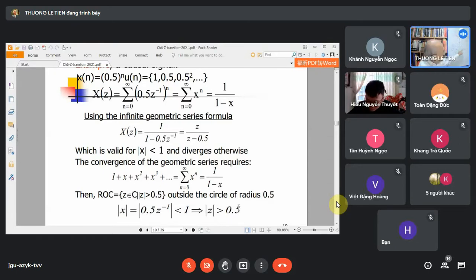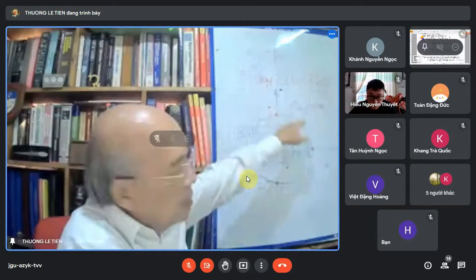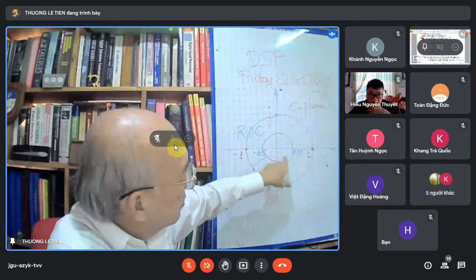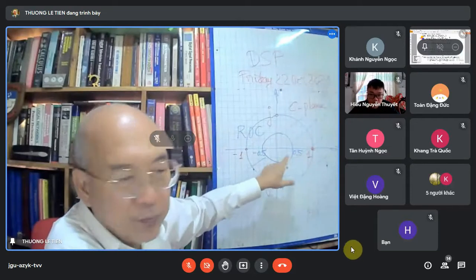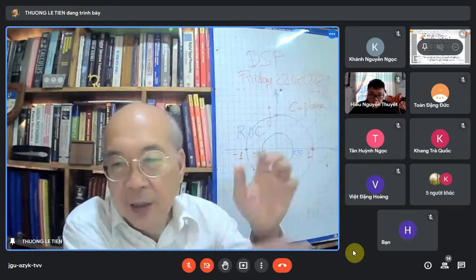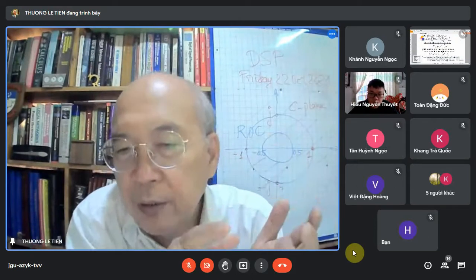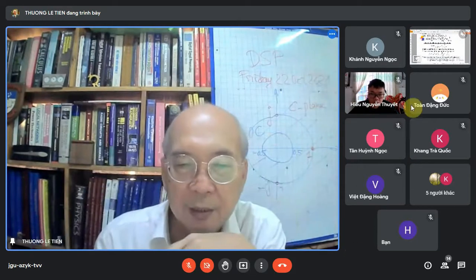This one is the circle of radius 0.5, and any Z that lies outside the circle 0.5 would satisfy the condition and belongs to the region of convergence of the function. All of the Z outside the 0.5 circle satisfy the condition, that means its magnitude is greater than 0.5.